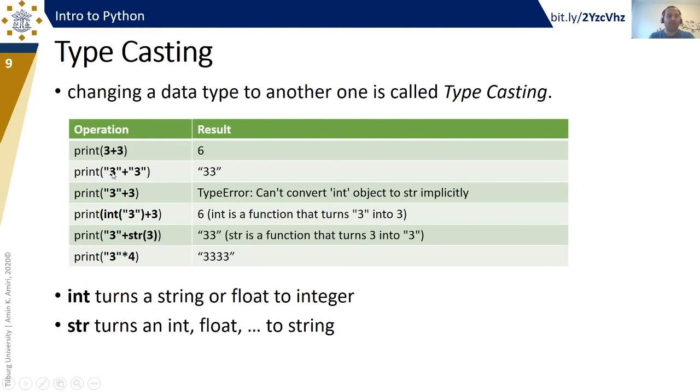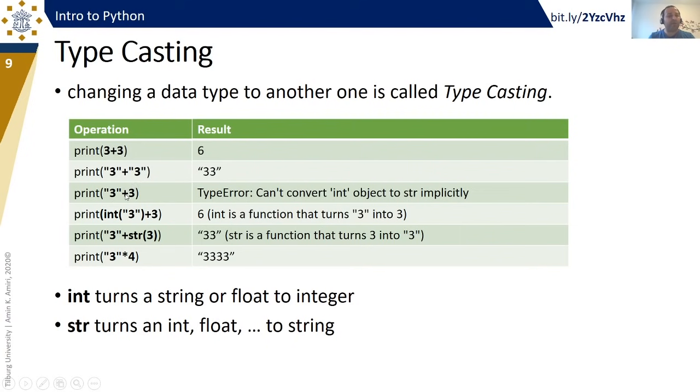But if you want to print string 3 plus string 3, the result is a new string. The plus operator will attach these two strings and create a new string. It doesn't add them. So the result is 33 in quotation marks.